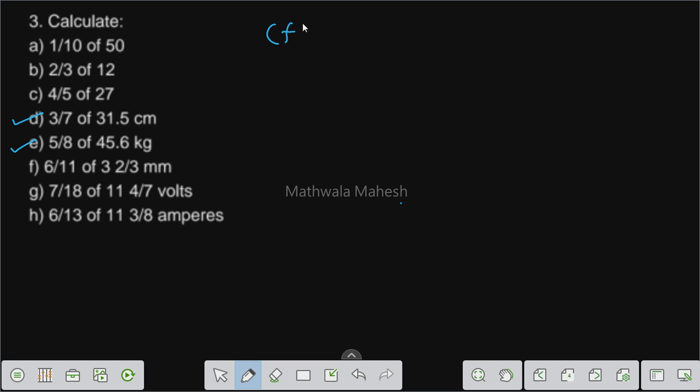I am solving question number F, which is 6 by 11 of 3 and 2 by 3 mm. Okay. So this has a unit, mm. So you have to keep the unit in the answer. Okay. So don't change the unit.